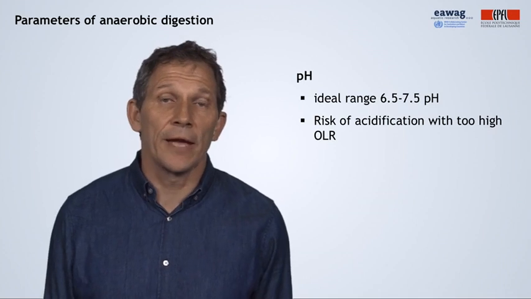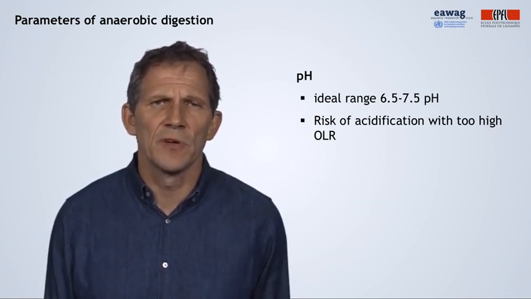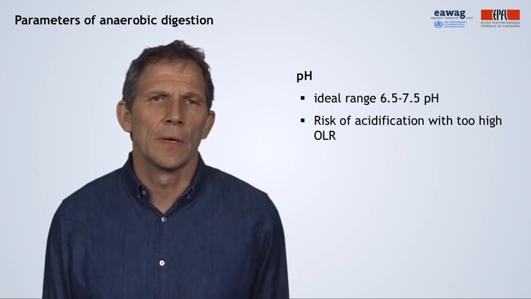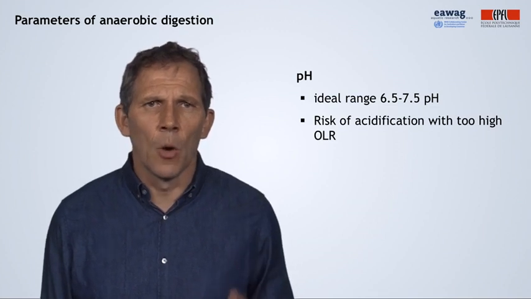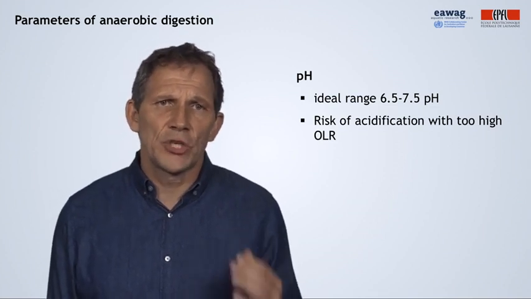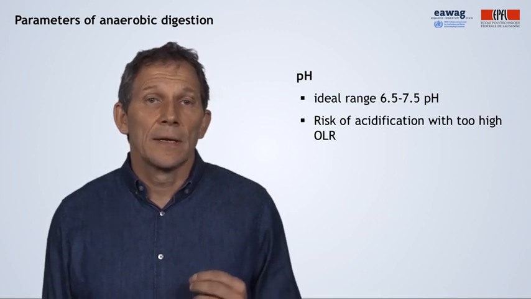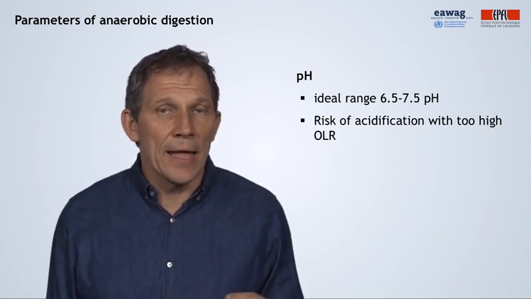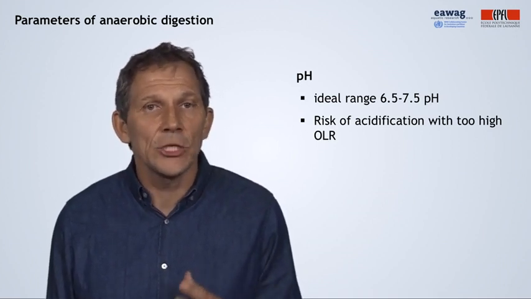The pH range for anaerobic digestion is between 6.5 and 7.5, so actually quite neutral. However, in the acidic phases, the pH is rather lower, whereas in the methanogenic phase, it is somewhat higher. Now, if the loading rate is too high, acidogenic bacteria will cause acidification of the reactor.